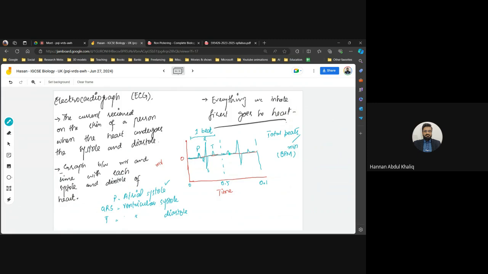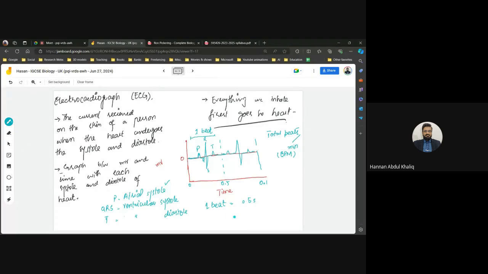If you are given the time per beat, how would you calculate the beats per minute? You would say that one beat equals 0.5 seconds.